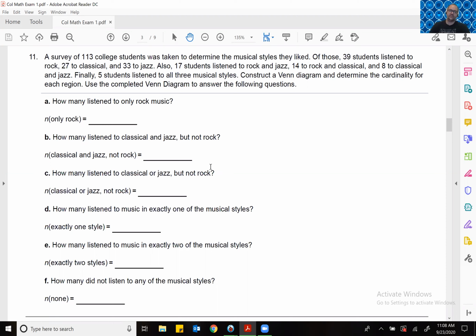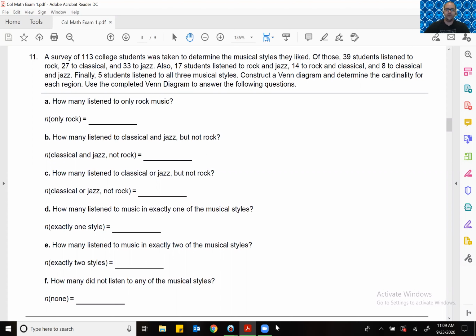How many students are in all three? 5. 5. Because when you do this, you start from the bottom and we're going to work our way backwards. This is the only number you can accept. Every number from here on out is going to be manipulated and changed.